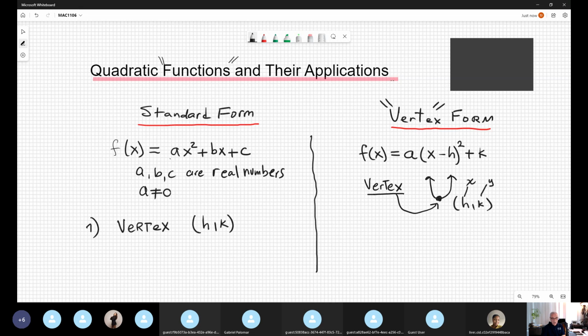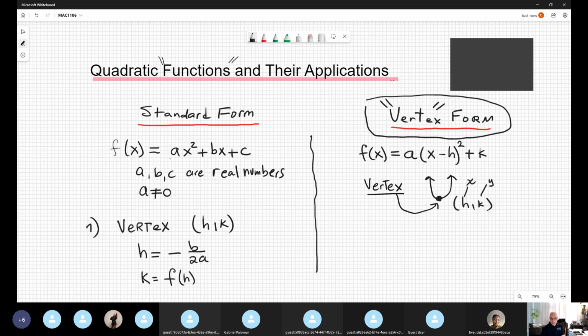But there is a connection between h and k and a, b, c. To find h, the formula is easy: minus b over 2a. Now to find k, there is a formula, but it's a little bit complicated. Much better is plugging the h value into the function f and you determine it. So in the example given in vertex form, determining the vertex point is super easy.